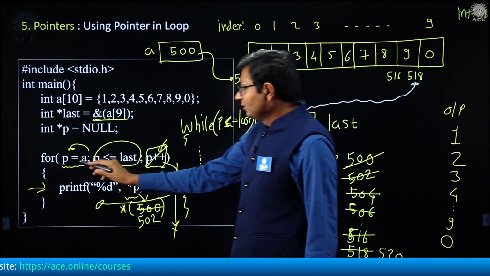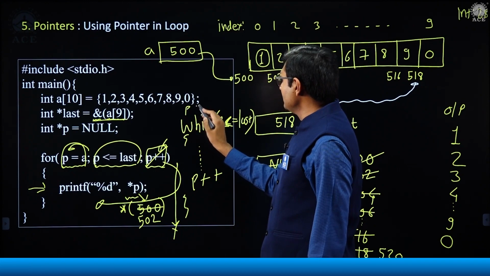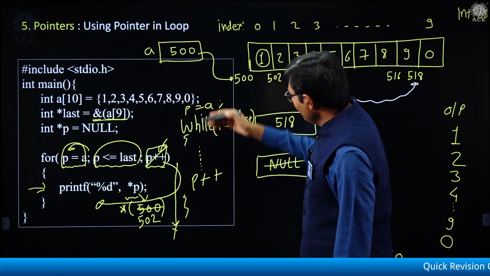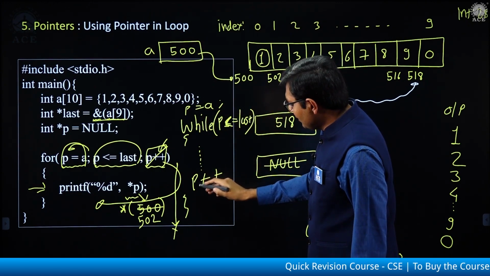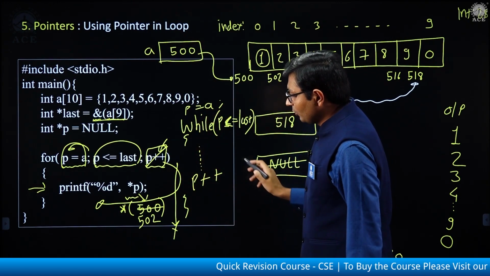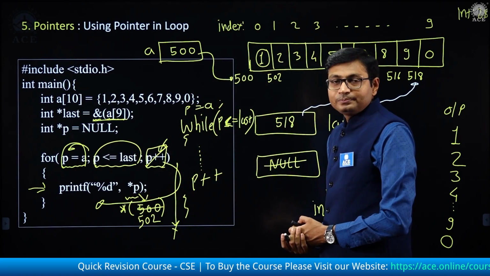Alright. Of course, this statement P is equal to A you have to move above the while loop. So initialization of the P variable, condition and increment, and again this loop will keep on going. So same thing I can do with the help of while loop also. Alright.